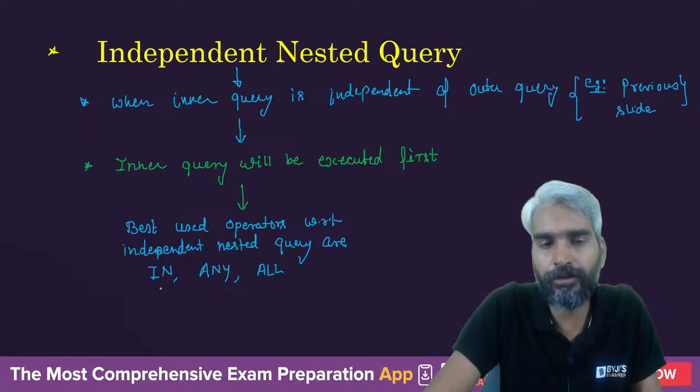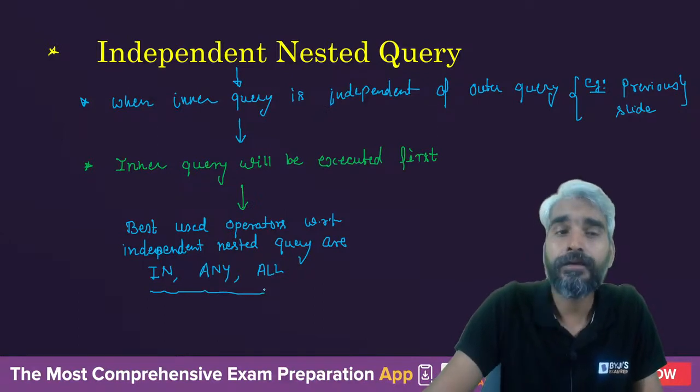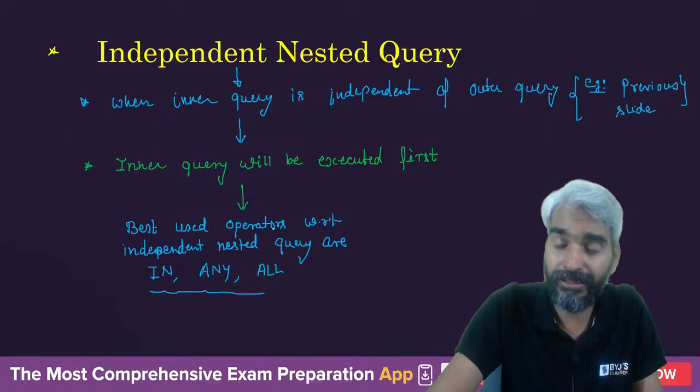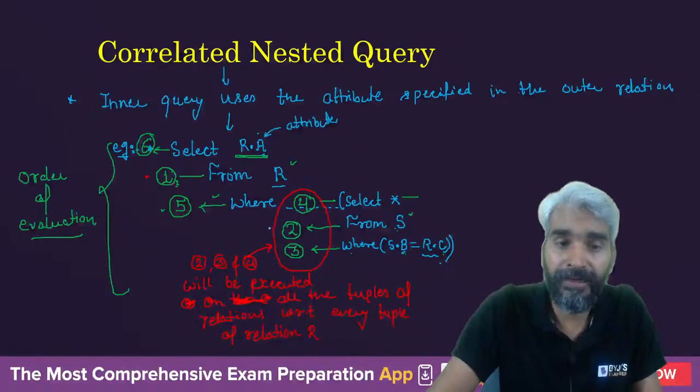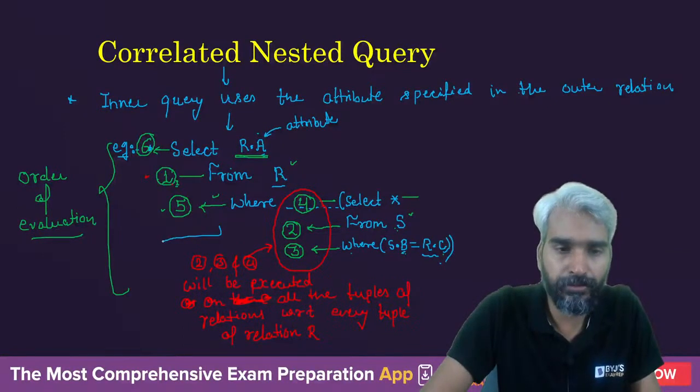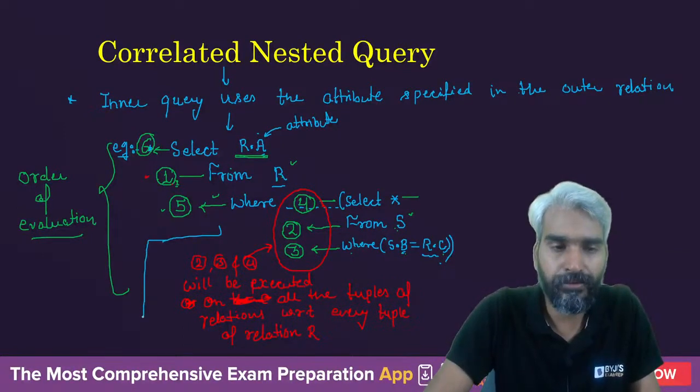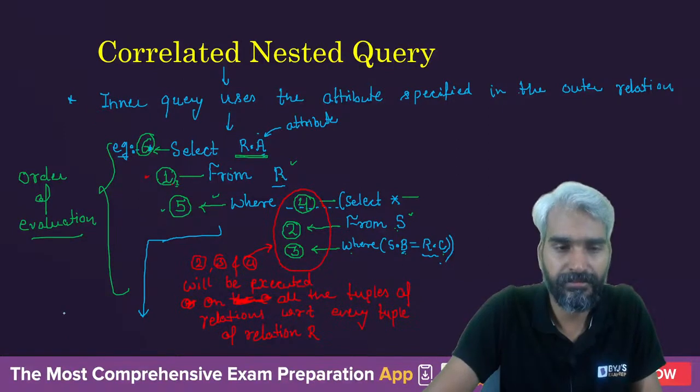These are the operators which will generally be used with independent nested queries, whereas the operator which will be used with respect to correlated nested query will be EXISTS.